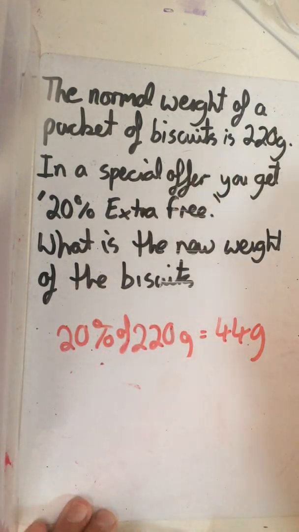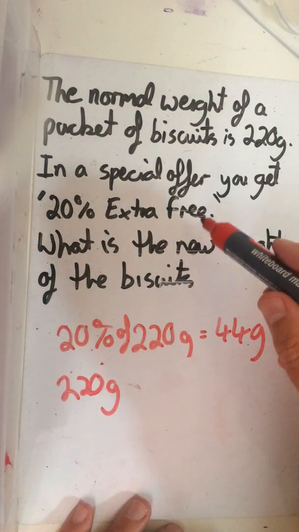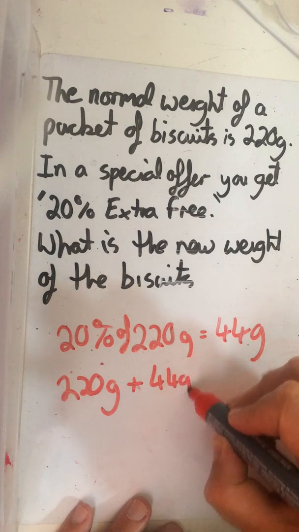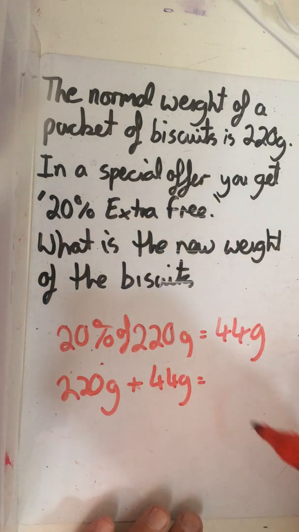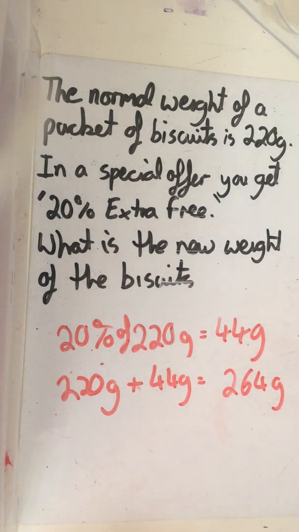Our original packet was 220 grams. This is extra free, so it's getting bigger. So we have to add on the 44 grams. So we would then get 264 grams.